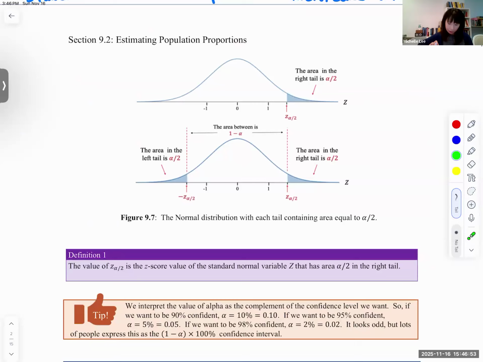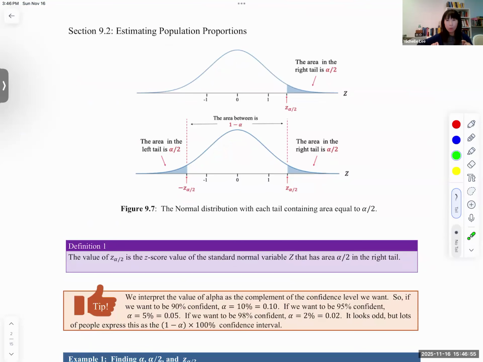Let's take a look. We want to find out what z sub alpha over 2 is, which is the z critical value. They say that the value of z sub alpha over 2, so we read alpha, right? Alpha is a Greek letter, from the Greek alphabet.